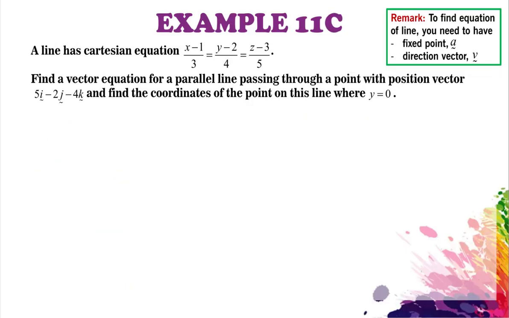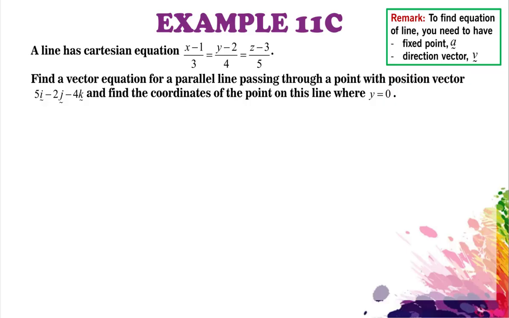Example 11c. A line has a Cartesian equation. Find a vector equation for a parallel line passing through a point with a given position vector, and find the coordinate of a point on this line where y equal to 0. So basically in this question, we have two lines. One line already has its equation, and for the other line we have to find the equation.